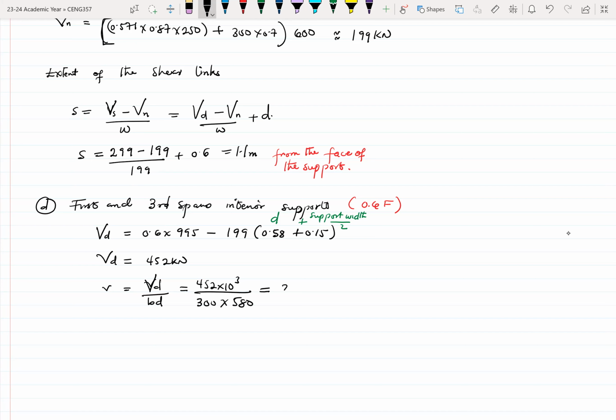So that'll give us 2.6 newtons per millimeter squared. So again, for that interior span, we need to find the corresponding VC.